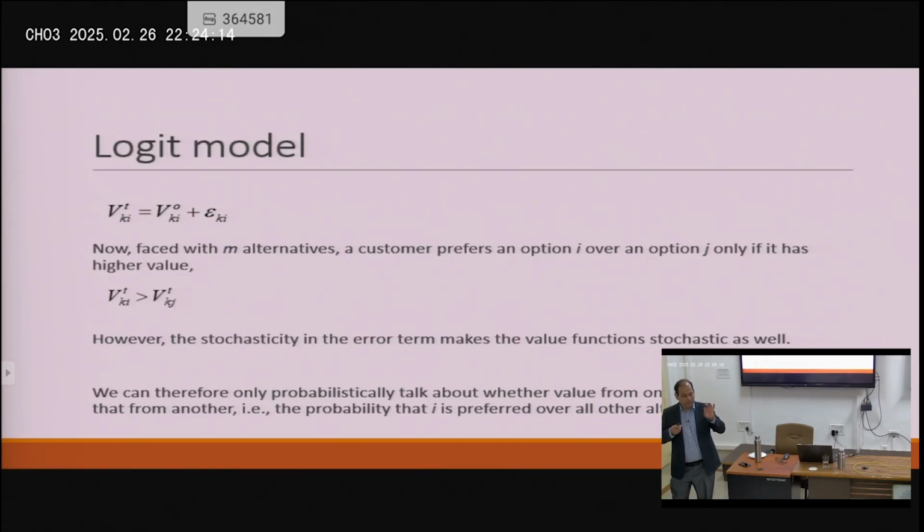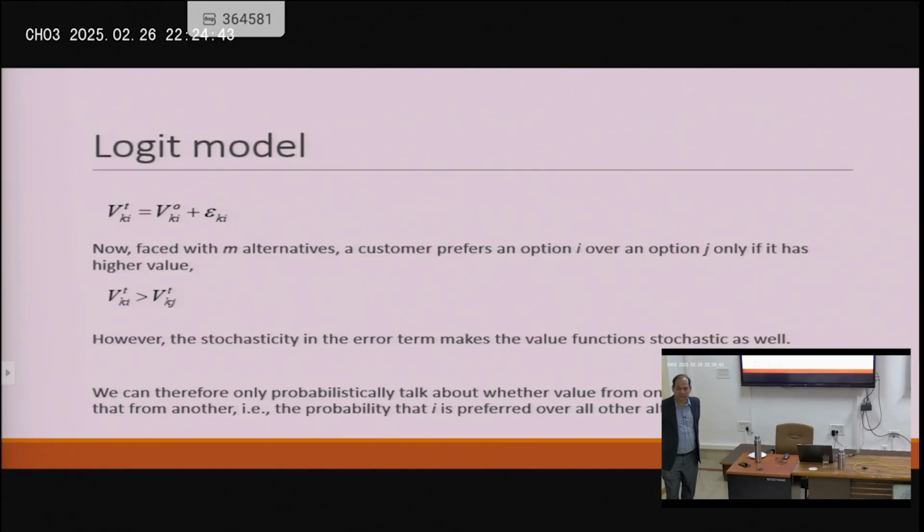If you have N competing products or systems or options available to you, I will prefer i over j only if the value of the ith product is higher than the value of the jth product. That's as simple as it can get, right?